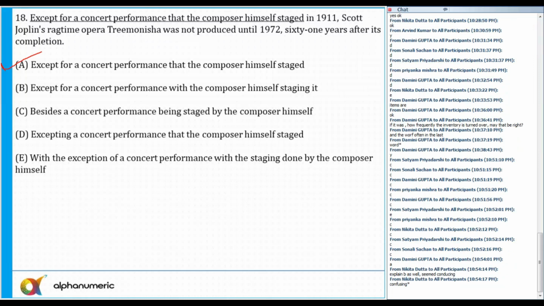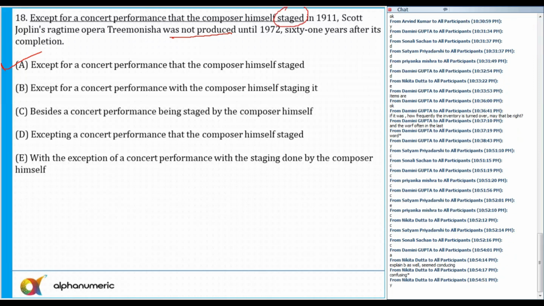Explain B as well. Okay. Except for a concert performance with the composer himself staging it in 1911, Scott Joplin's ragtime opera Treemonisha was not produced. How can you use the simple past "produced"?